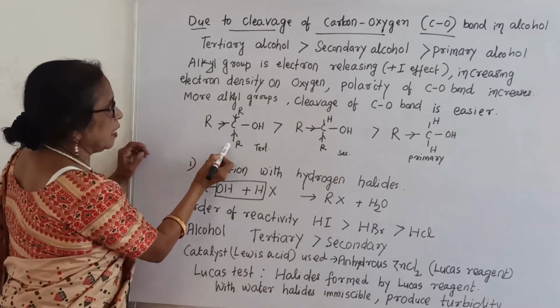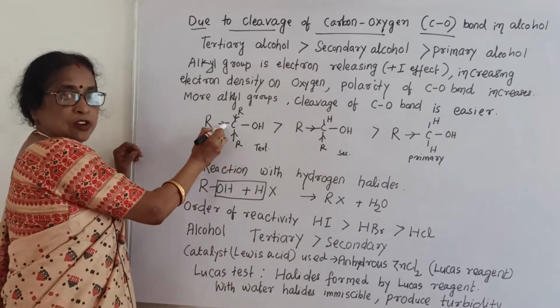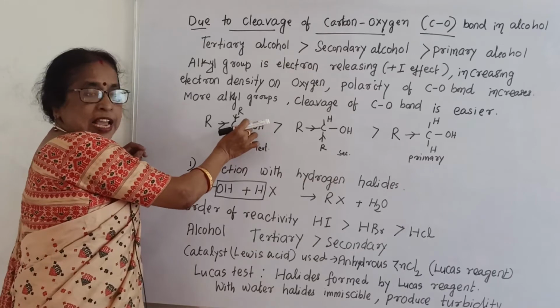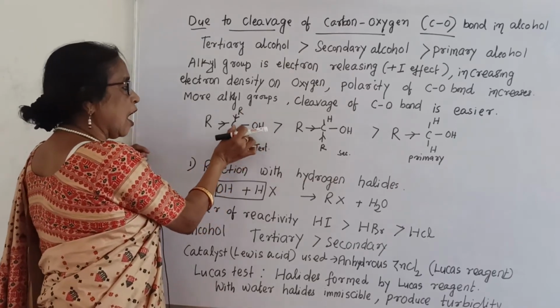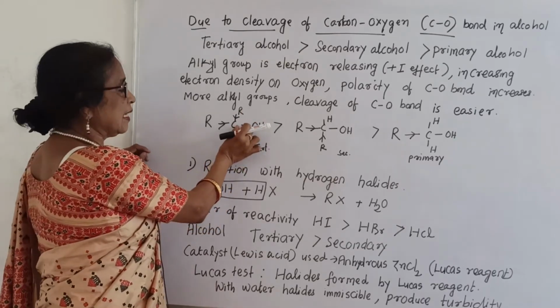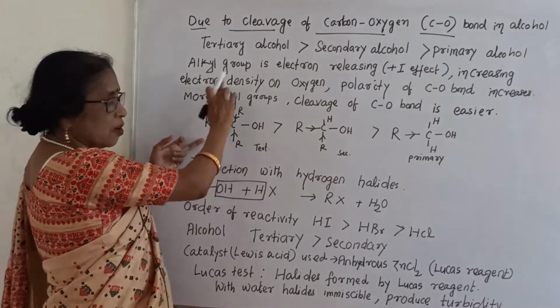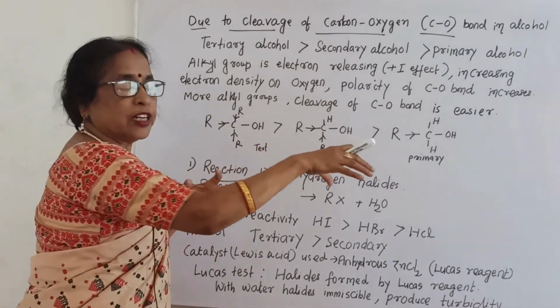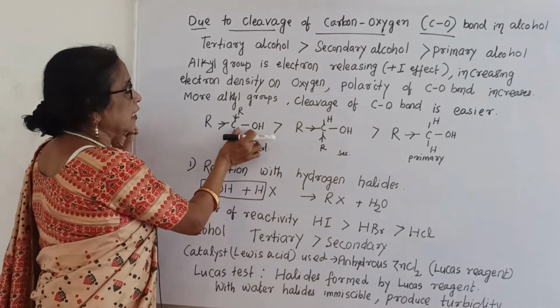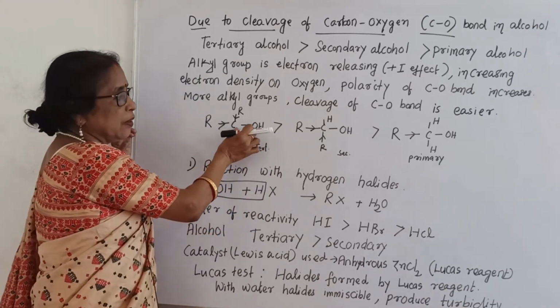If the electron moves towards oxygen, the polarity of this bond increases and automatically it will break. If there are more alkyl groups, there is more electron release towards carbon, and this carbon-oxygen bond will break easily.